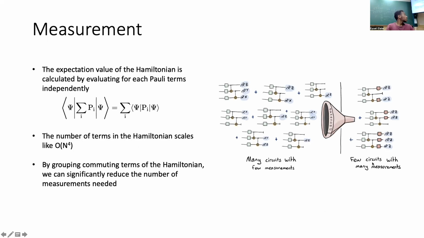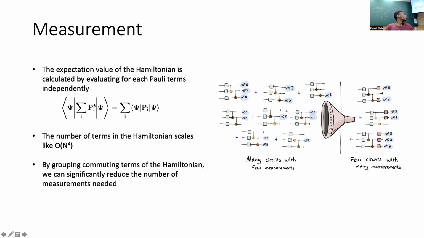So the final step in the VQE is measurement. We have prepared the Hamiltonian, which is written as a summation of Pauli terms, with some coefficients. What we need to do is to evaluate this expectation value.